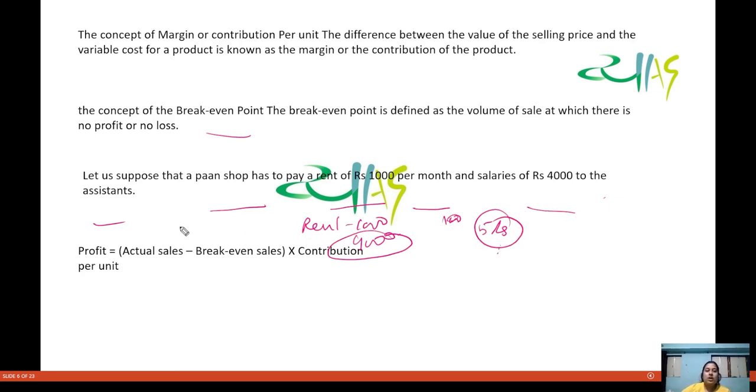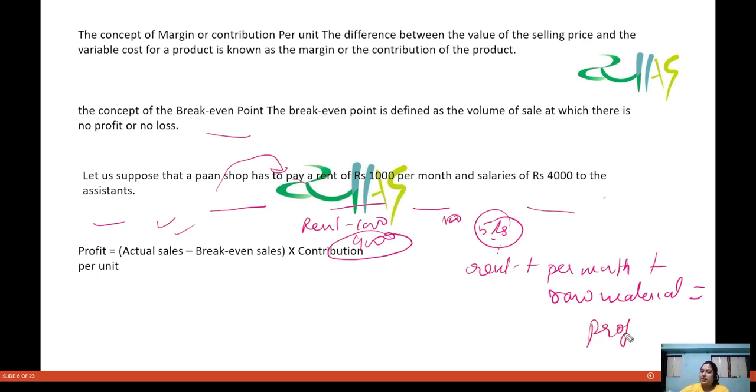If you have to calculate when this shop will reach break even point, it is when the rent plus the monthly salary plus the raw material cost become equal to the income, then you will reach the break even point. I hope everybody is clear with this.